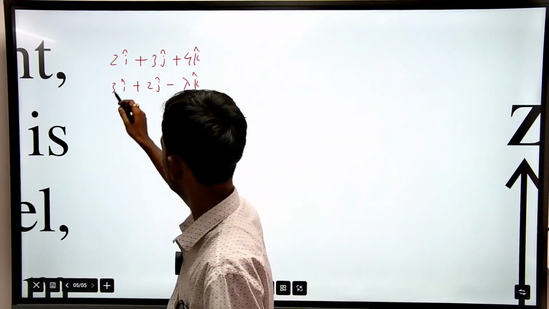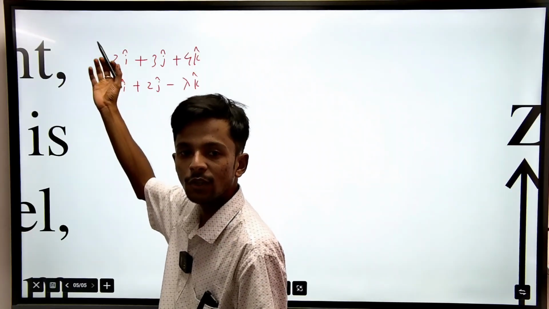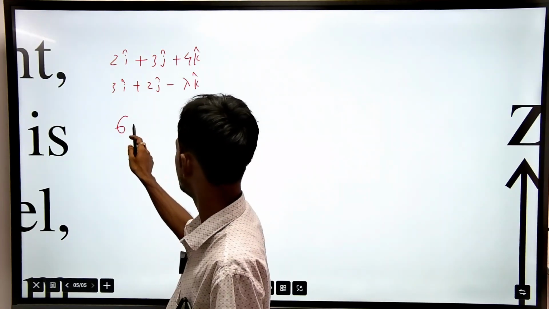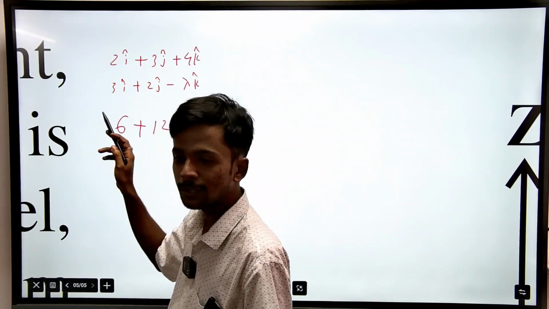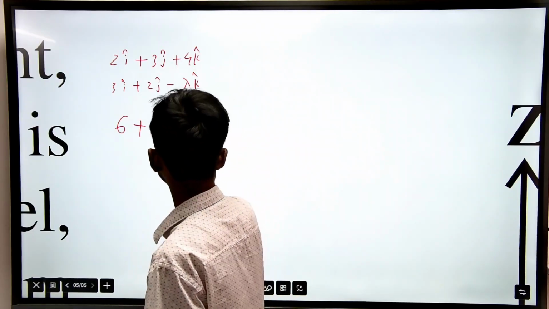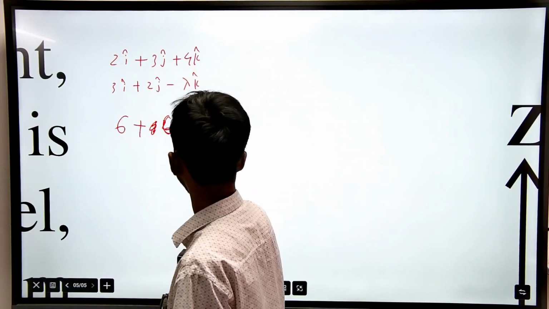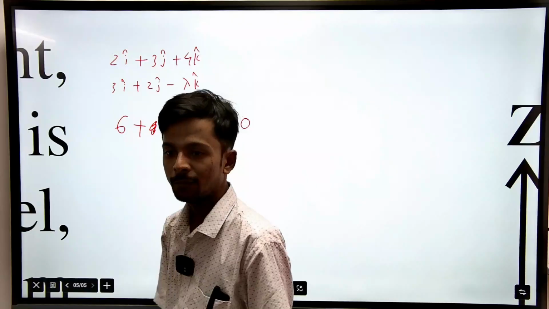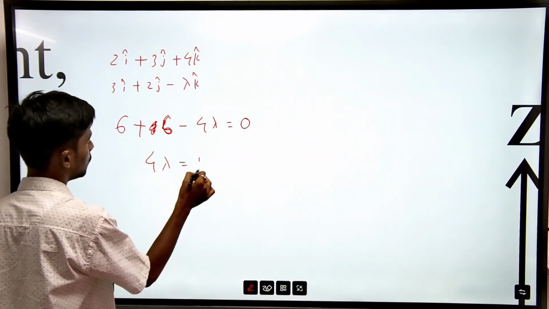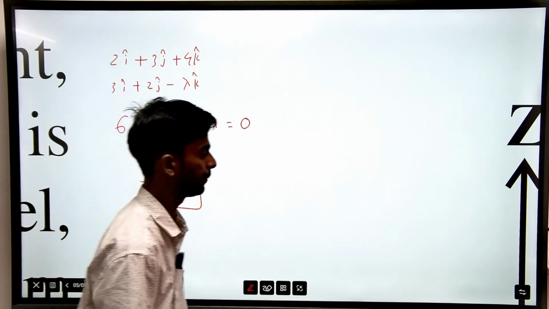The dot product means simply you have to multiply the corresponding ones, because i dot j automatically becomes 0. 2 into 3 is 6, plus 3 into 2 is 6, and 4 into minus lambda, so 6 plus 6 minus 4 lambda equals 0, because the dot product is 0. So you get 4 lambda is equal to 12, so lambda is equal to 3. It was a simple question.